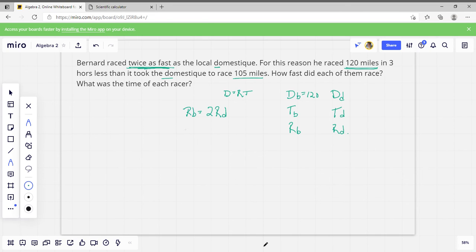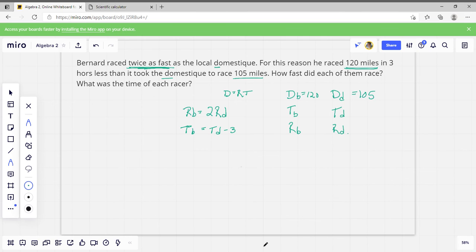So he took 3 hours less. We got the time of B and the time of D. He's 3 hours less, so we got to subtract 3 on that side to make them equal. All right. And D ran 105.